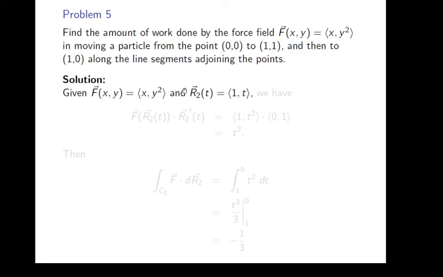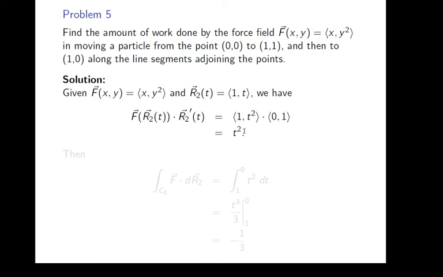Now, F evaluated at r sub 2 is (1, t squared), and the derivative of r sub 2 is (0, 1). And so the dot product of F evaluated at r2 and r2 prime is the vector (1, t squared) dotted with the vector (0, 1). And so performing the dot product, we get 1 times 0 plus t squared times 1, which is equal to t squared.